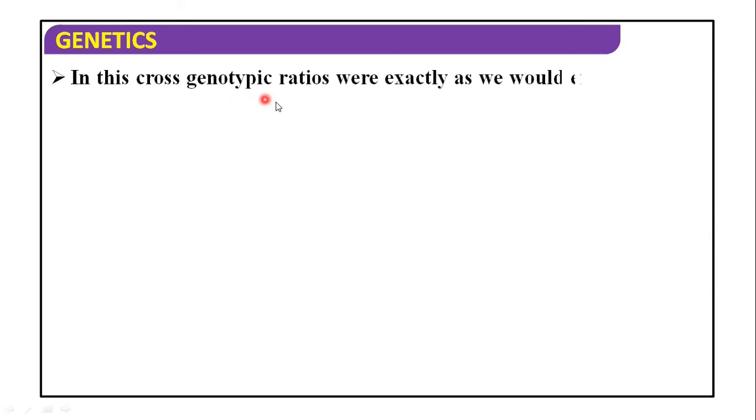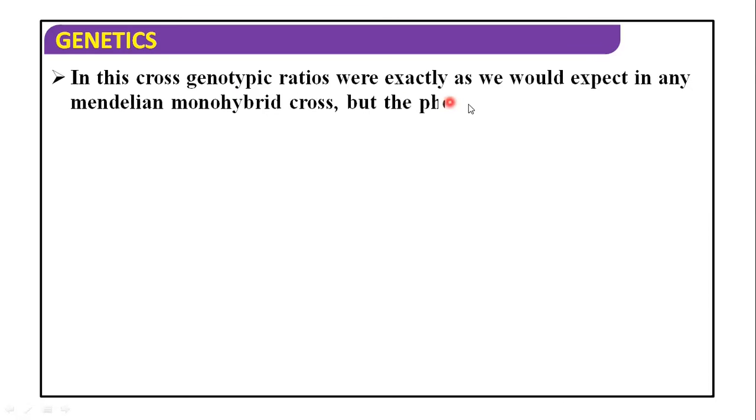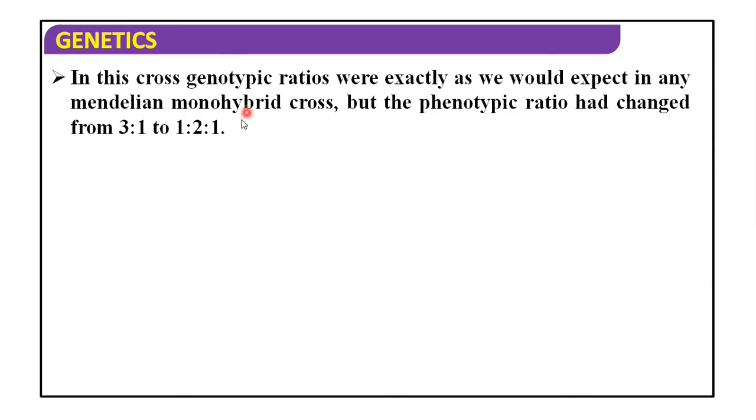In this cross, the genotypic ratio is exactly as we would expect in any Mendelian monohybrid cross, but the phenotypic ratio had changed from 3 is to 1. In previous videos, I explained 3 is to 1; here it is 1 is to 2 is to 1.